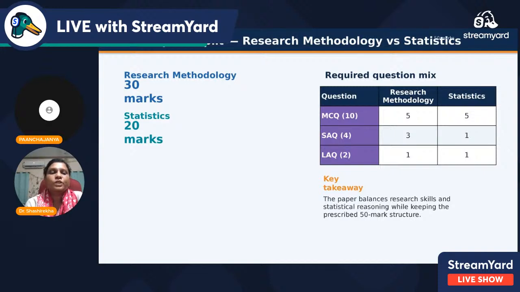There are two divisions in this subject: one is research methodology and the other is statistics.